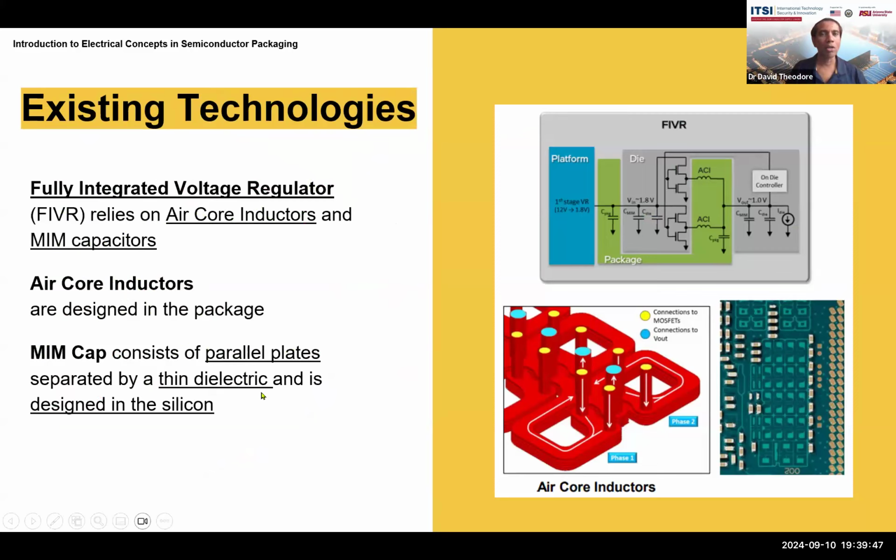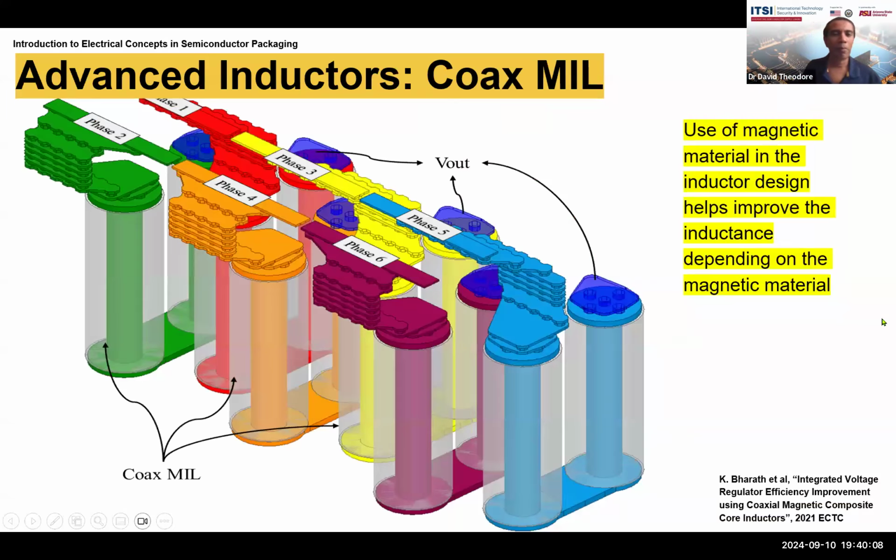It can be silicon oxide or hafnium oxide or whatever, and it's designed in the silicon on the die. So here is the schematic we saw previously and the image of the physical configuration of the inductors. And here is a top-down view of the die showing the inductors and capacitors.